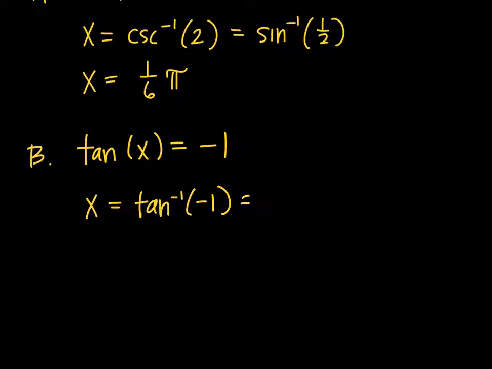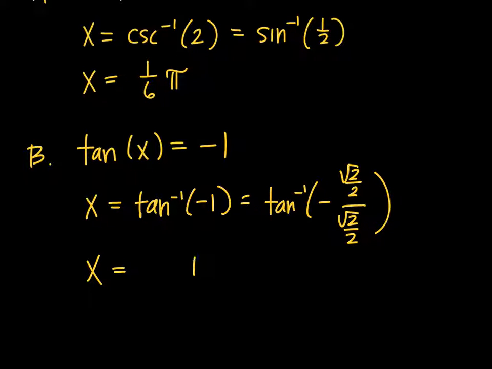But what's the only way that tangent could ever be -1? It really is only when I have a negative rad 2 over 2 over another rad 2 over 2. That is the only way that I could ever have tangent be -1. So the answer to this is going to be a family that has pi on it, but what fraction family is this? It's the fourths, okay?